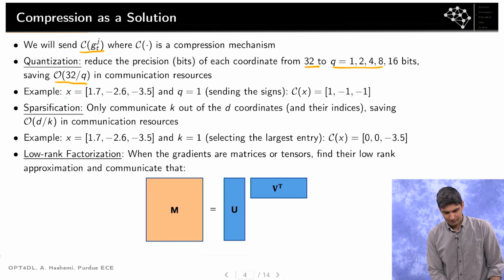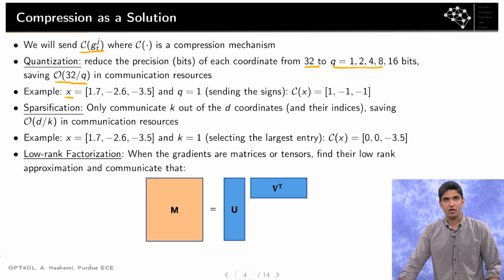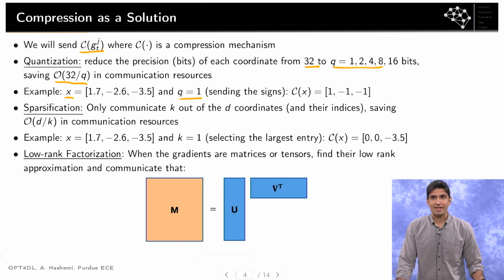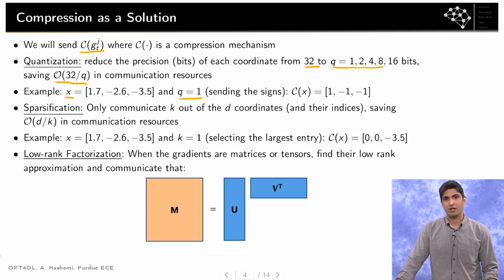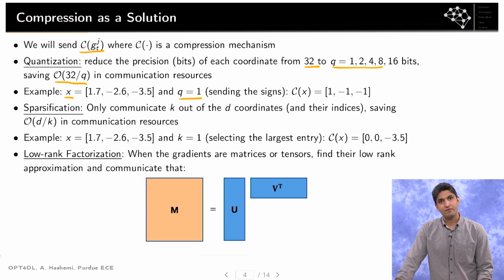Let's imagine that I have a vector x that I want to compress, and I want to use quantization to do that. Okay. Let's say that I'm using Q equal to 1 bit quantization. That basically means that I can only communicate one of two options. Let's say plus or minus, +1, -1, etc. So that basically means that if you are using 1-bit quantization, you need to send the sign of each coordinate only.